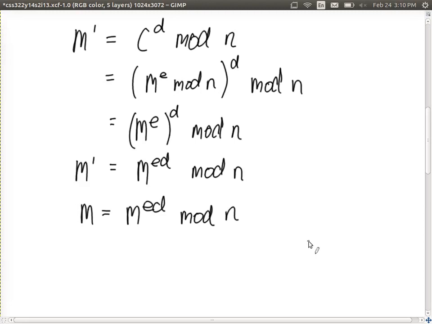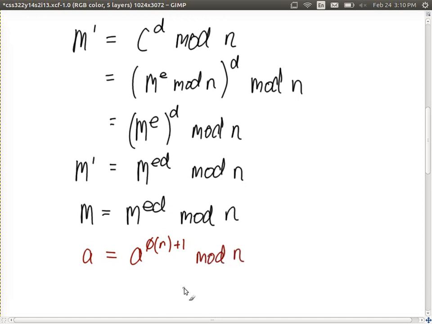Have a look at Euler's theorem in your lecture notes, the second form. We wrote it as something like a will equal to or equivalent to a to the power of the totient of n plus 1 mod n.